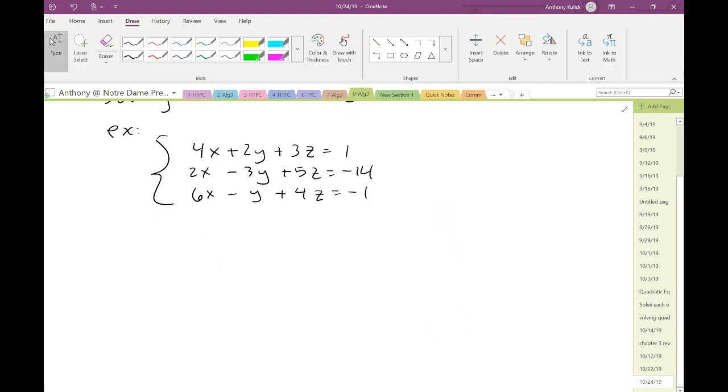So I'm going to outline this process because it's a little bit longer than it was for a two-variable system. I'm going to start with three variables and three equations.